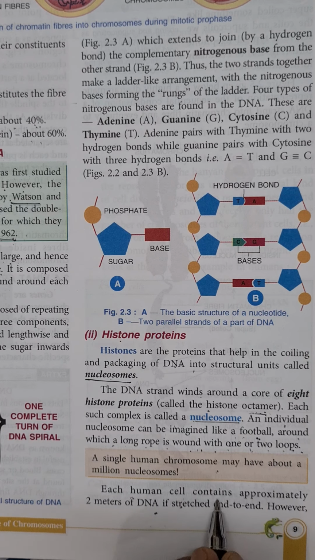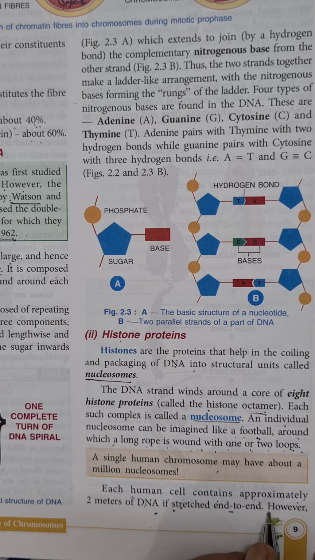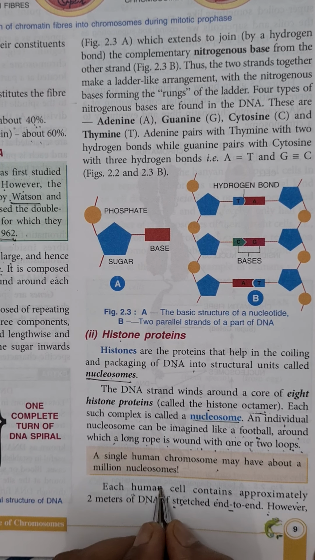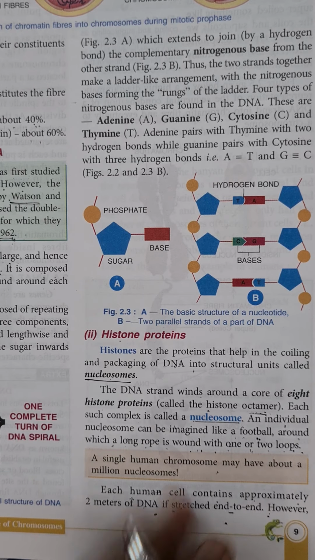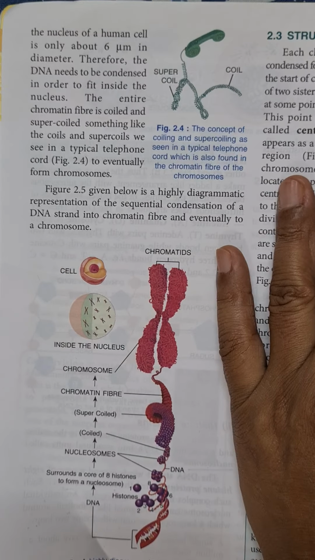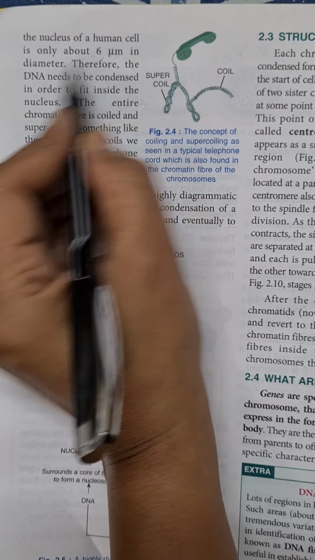Now each human cell contains approximately 2 meters of DNA if stretched end to end. In every cell of the human, approximately 2 meters of DNA is present, but the size of the nucleus in comparison to the size of the DNA is very small, about 6 micrometers in diameter.